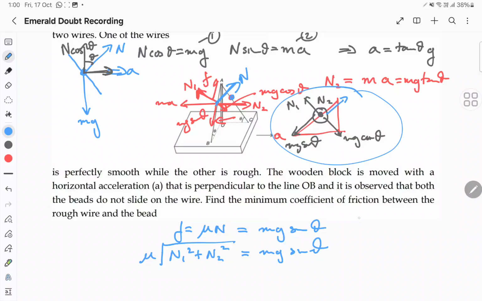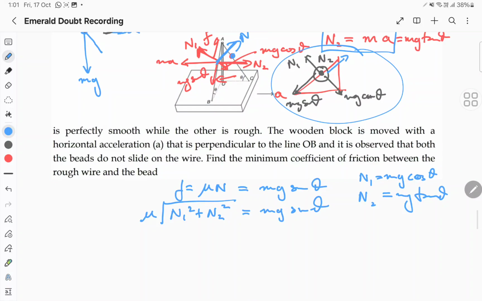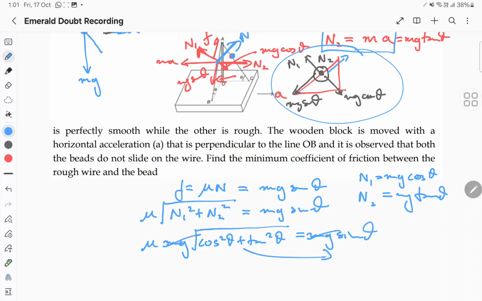N1, just to make it clear, is equal to mg cos theta, and N2 is equal to ma, which is mg tan theta. So doing that, I'll get mu mg common, times the square root of cos squared theta plus tan squared theta, equal to mg sin theta. mg gets cancelled, and that will be your mu value.